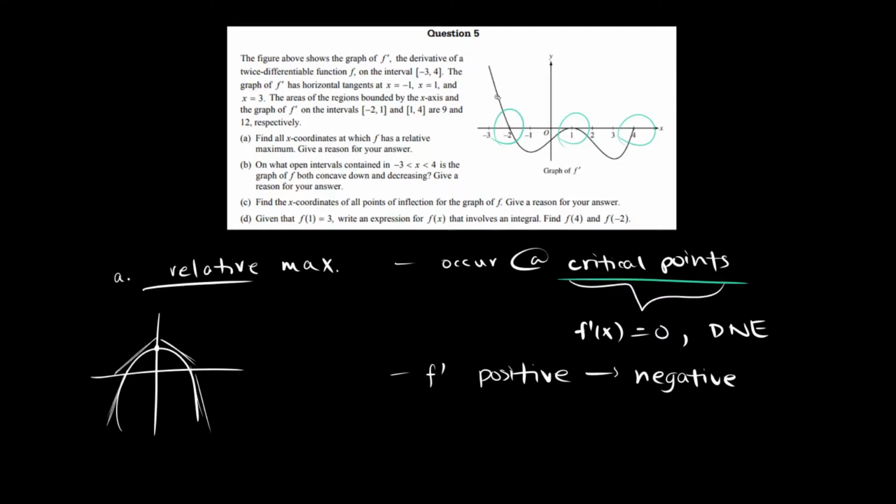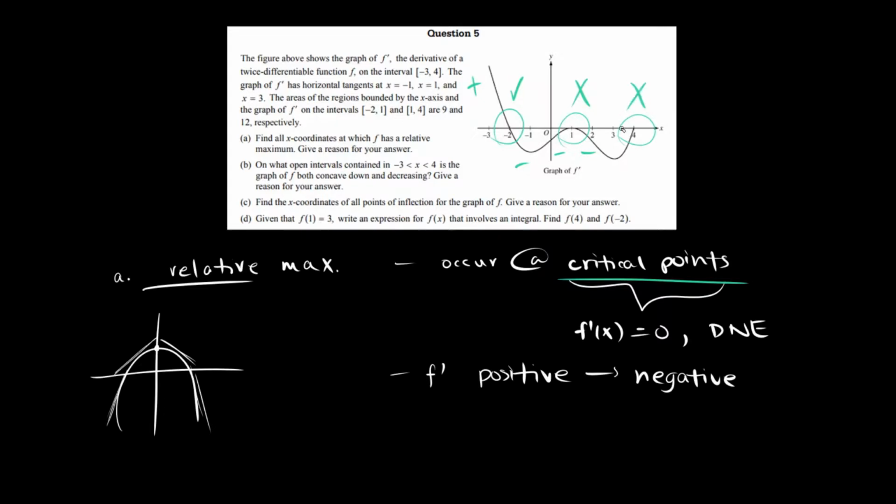So the first derivative is positive before negative 2 and negative after it passes negative 2. So we know because it goes from positive to negative, then this must be a relative maximum. At the point x equals 1, the derivative starts negative and ends up negative. So because there's no sign change, we know that this is not a relative extrema. And lastly, at the point x equals 4, the graph doesn't actually continue, so it cannot be a relative maximum nor minimum.